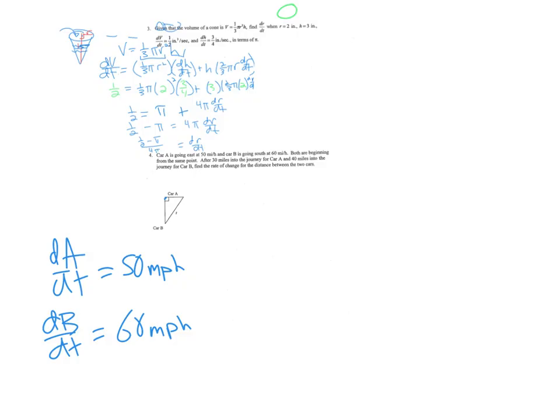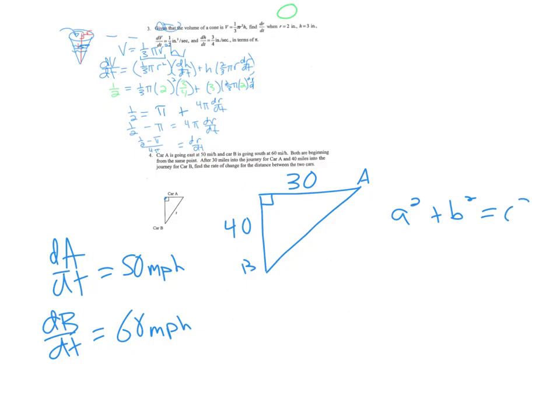After 30 miles into the journey for car A, well, that means car A is 30 miles away from the start point, and 40 miles for car B, meaning that's where car B is. We want to find the rate of change between the distance of these two cars, meaning of this side. Well, I hope your geometry is kicking in and you're seeing what the relationship is here, because we have no formula given to us, but you see that you have a right triangle, and we know that a squared plus b squared equals c squared.